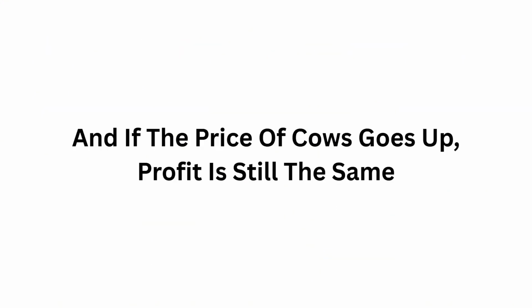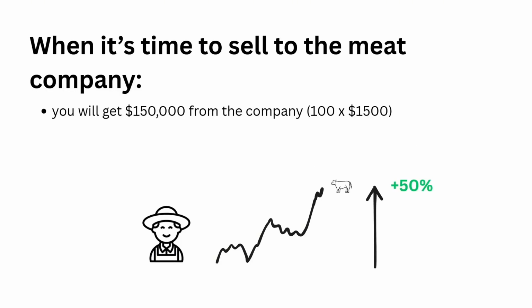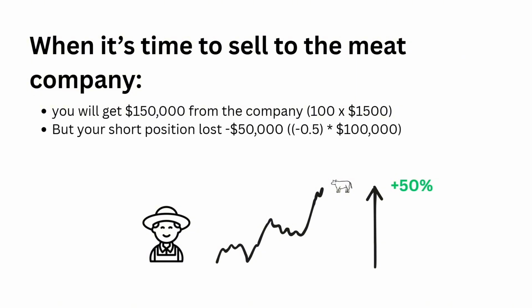And if the price of cows goes up, the opposite situation, the result is still exactly the same. When it's time to sell to the meat company, you will get $150,000 from the company, because 100 cows times $1,500 is $150K. But your short position would have lost $50,000, because 50% of 100,000 is 50,000.